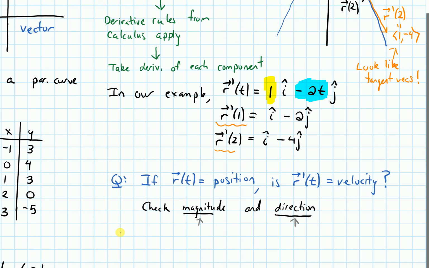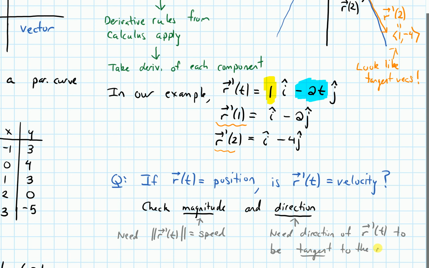So for the magnitude, we need the magnitude of r prime of t to be equal to the speed, because that's what the magnitude of velocity is supposed to be. And then for direction, we need the direction of r prime of t to be tangent to the position curve.